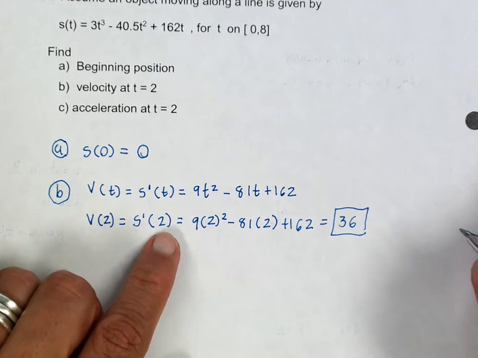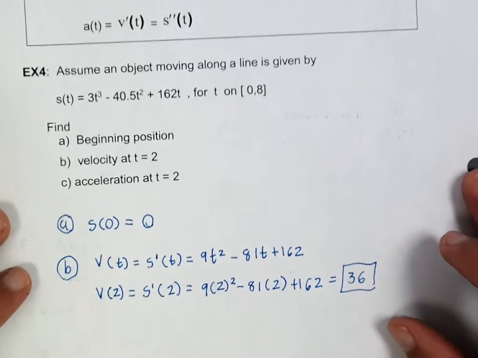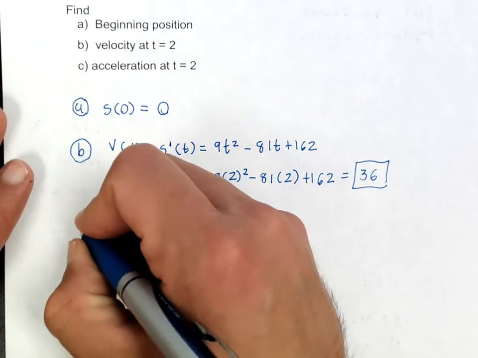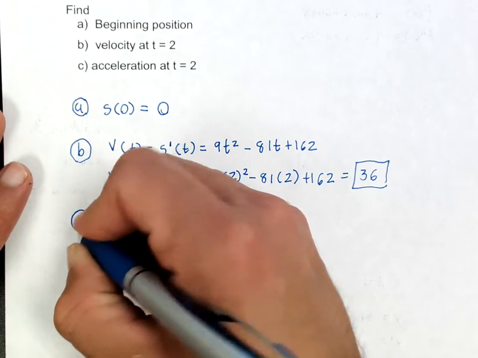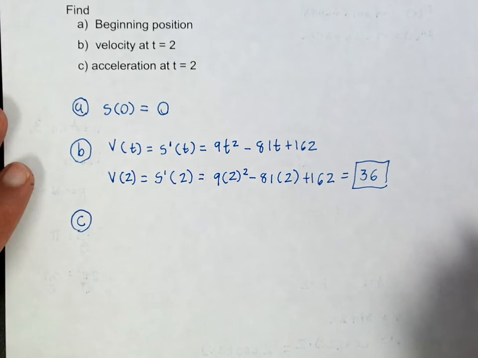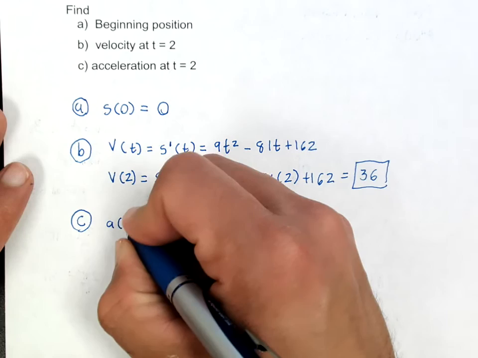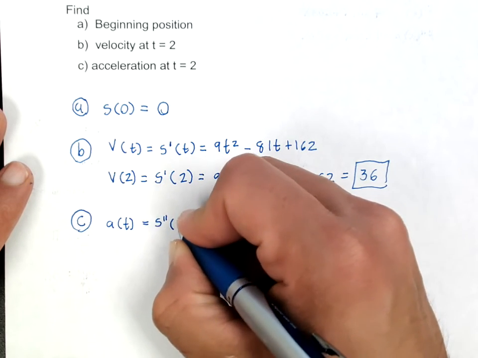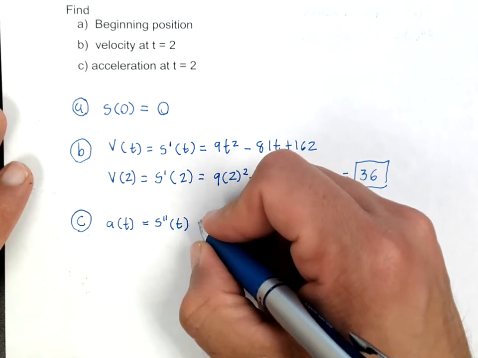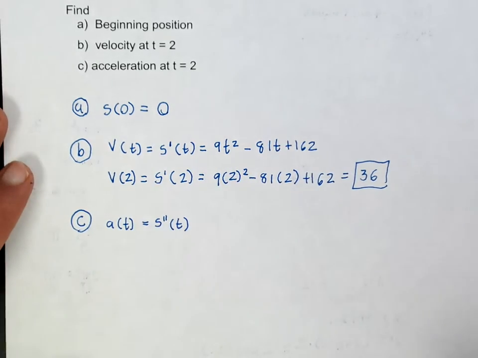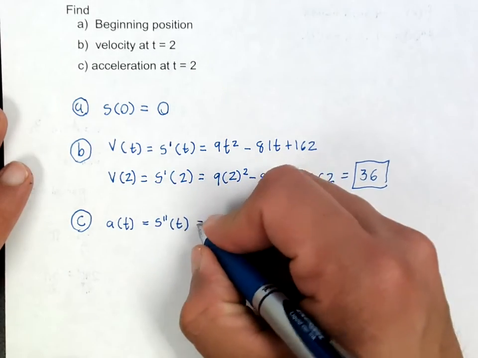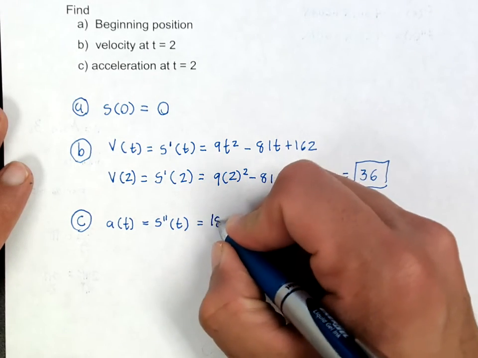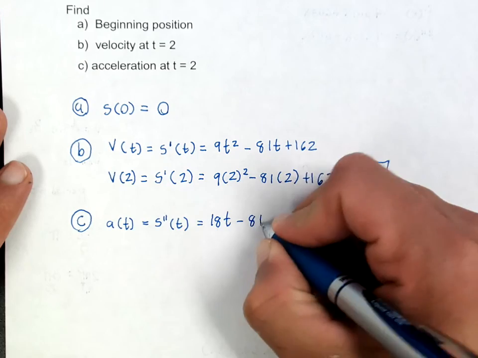So that's that. Alright, and then finally C, I'm looking for the acceleration at that moment, at t is equal to 2. So what is the acceleration? The acceleration is the second derivative of the position function, which is really the derivative of the velocity. So if I take the derivative of this, I'm going to get 18t minus 81.